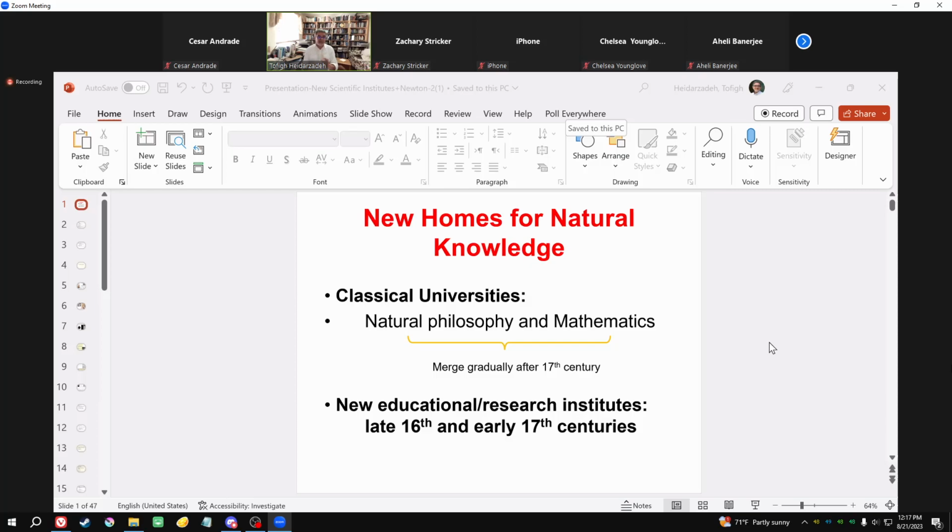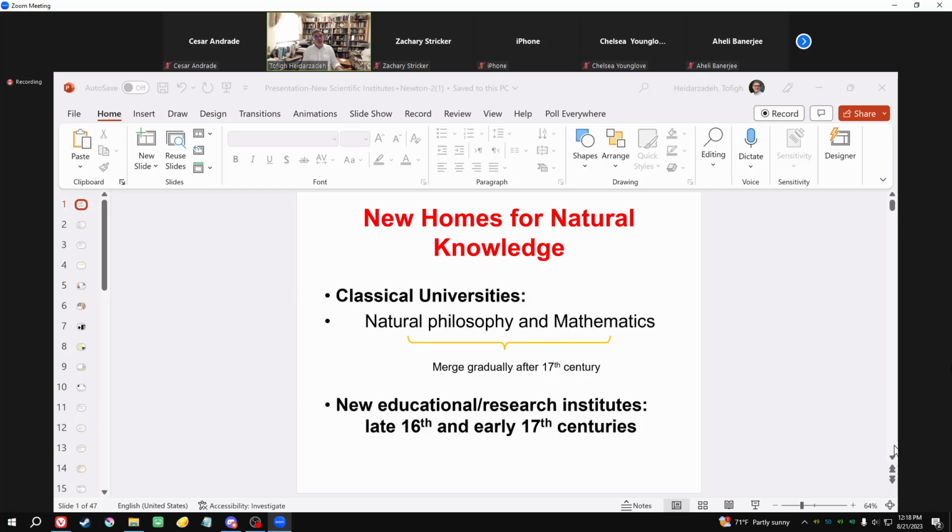Classical universities were doing their own classical job. This happened in new homes for natural knowledge, which were what? Beyond universities. We already talked about the role of beyond education or off-campus intellectual community.